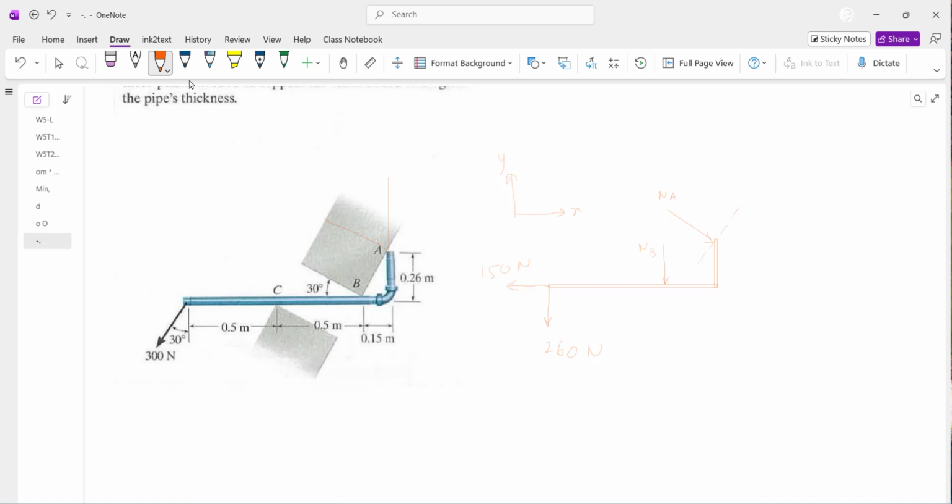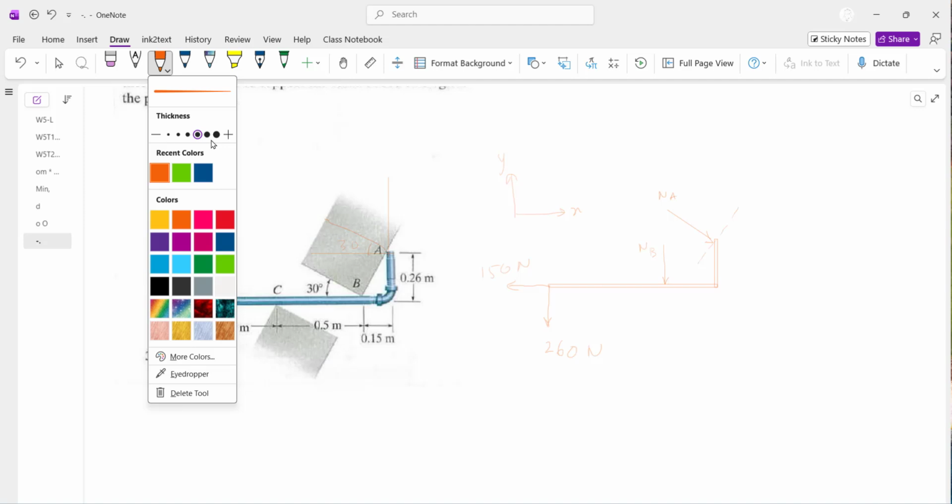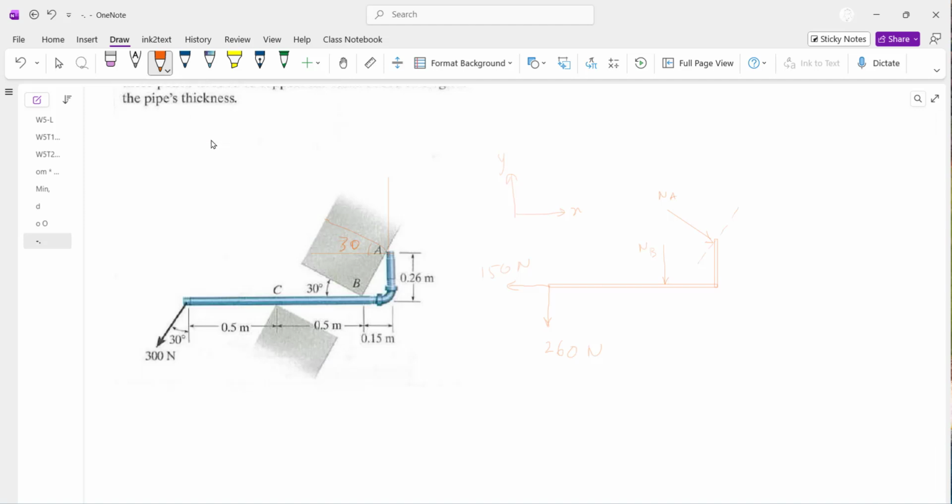So that is 30 degrees. Is this the case, that this is 30 degrees? Yes, it is, because this side is parallel to here and that side is parallel to here, so that is 30 degrees. Let me make this a bit thicker, the thickness of the pen, maybe you can read that better. So this is 30 degrees.